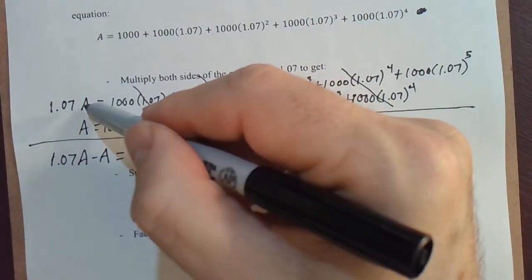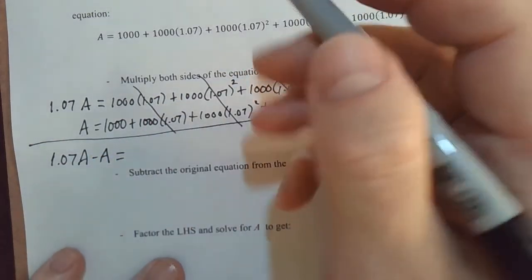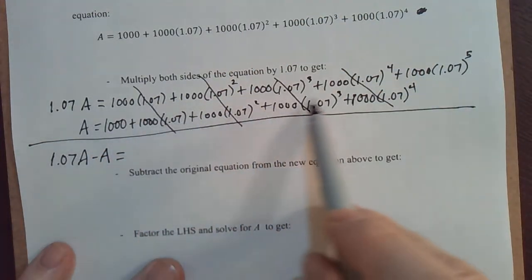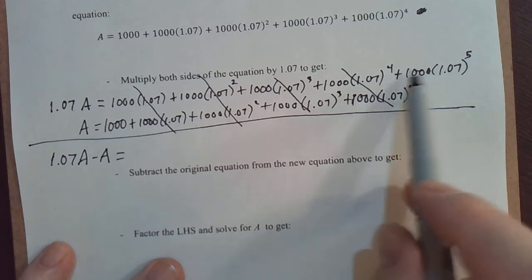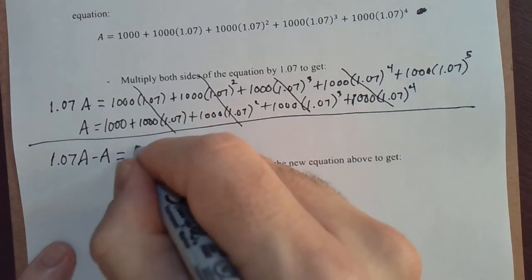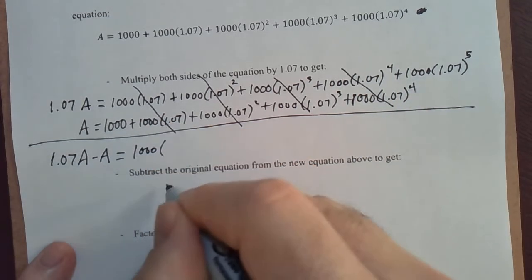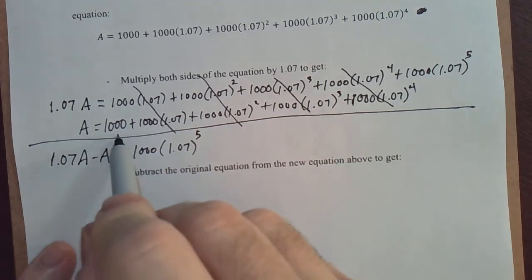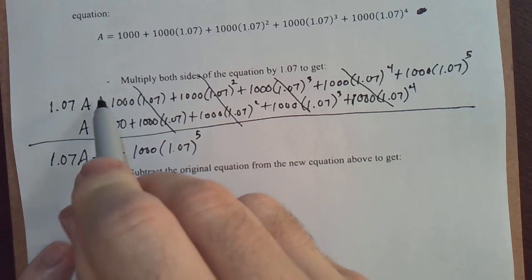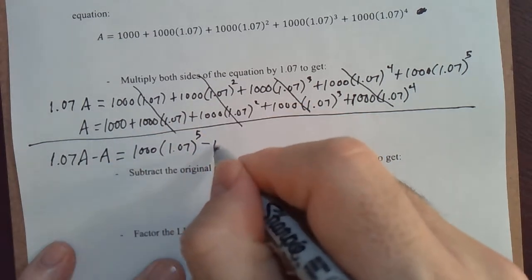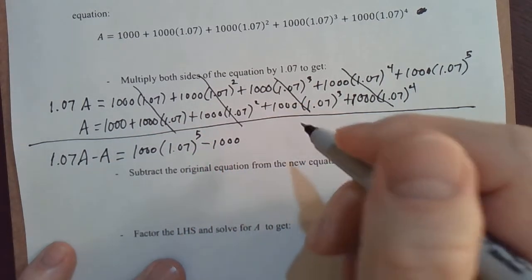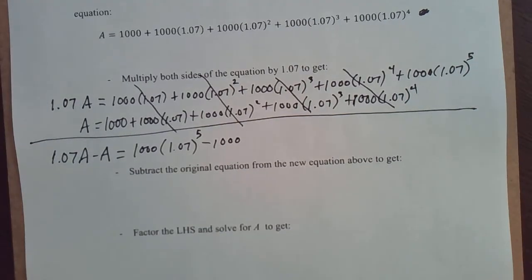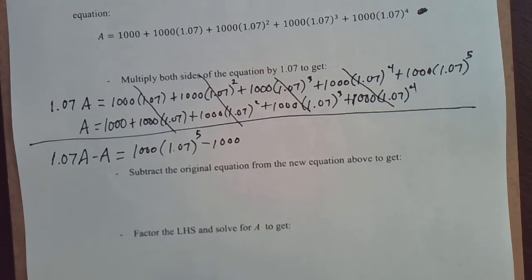We're subtracting, so this minus this is equal to, and all that cancels out to 0. So we have this on top, which would be a positive 1,000 times 1.07 to the 5th power. And this is on the bottom in the second equation, so we're subtracting, so that's going to be minus 1,000. All right, so it's already getting more simple.